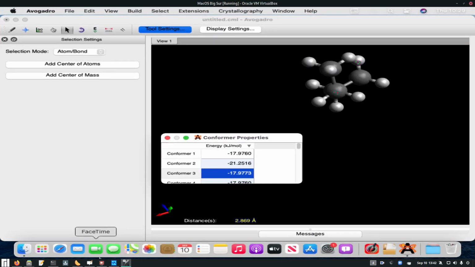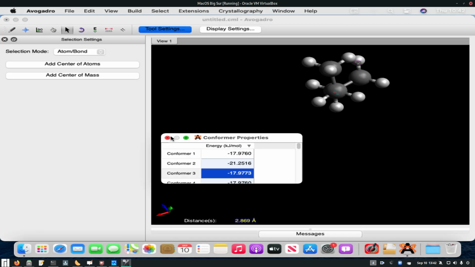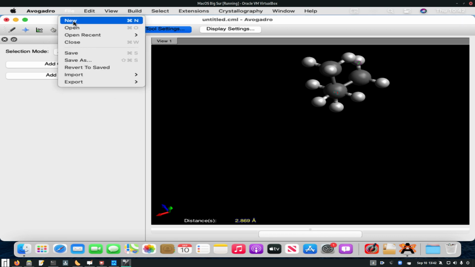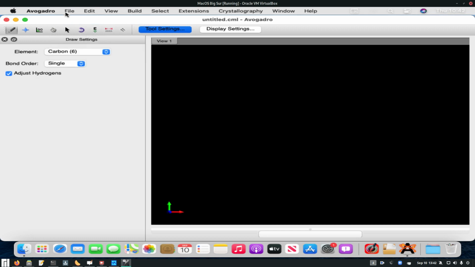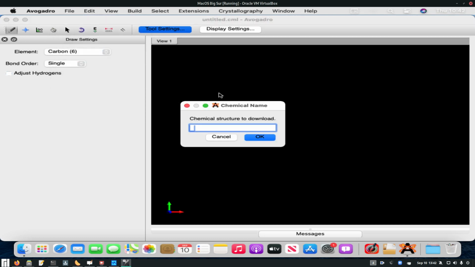Now, I don't actually have live, active, good internet right now, but on all these, I could have actually typed in the names. So, in theory, I could... Let me see how my internet's behaving today. New, and import from a name, cyclohexane.